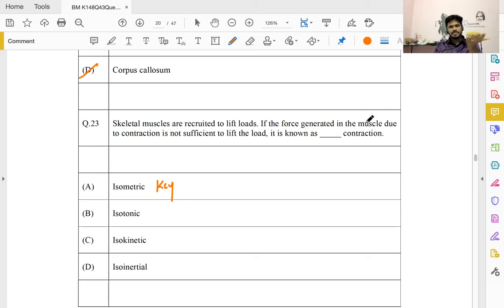So let's pretend this is some heavy metal that I'm somehow holding and trying to lift. If we don't apply enough force, I'm not going to lift it. So there is not going to be any change in length. In that sense, isometric makes sense.